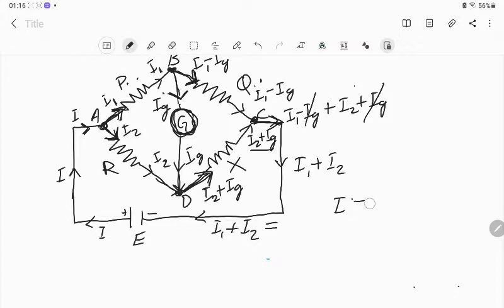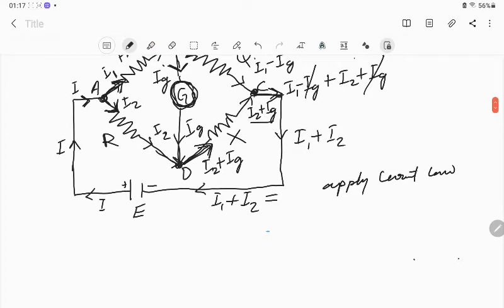Or if you don't understand like this, then apply Kirchhoff's current law. The sum of currents will be 0. Current going into the junction is positive, and current going out of the junction is negative. So I plus, I2 is current going out of the junction, so it is negative, minus I2. Same as I1, it is also going out of the junction, so this is also minus I1.